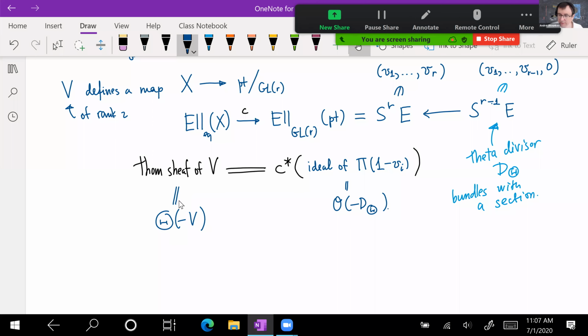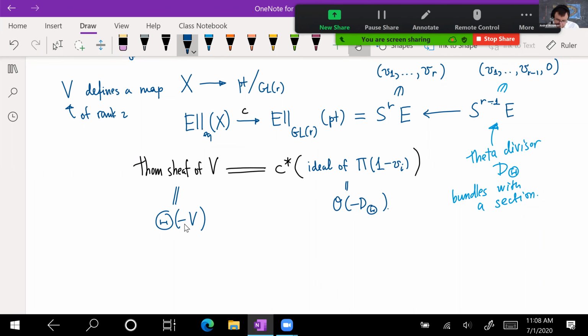And so this is both a computation and a definition. The computation says we pull back a particular line bundle under this Chern class map, and then also we denote it by theta, which is just convenient.